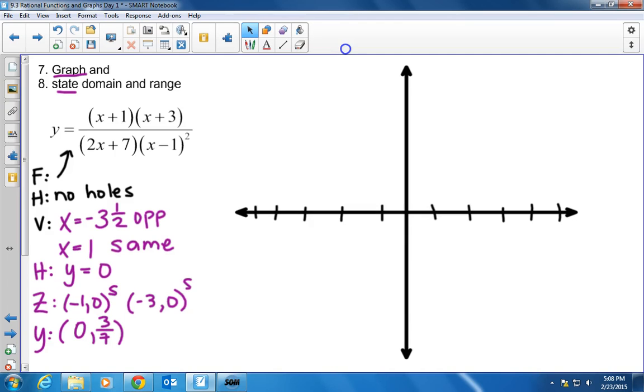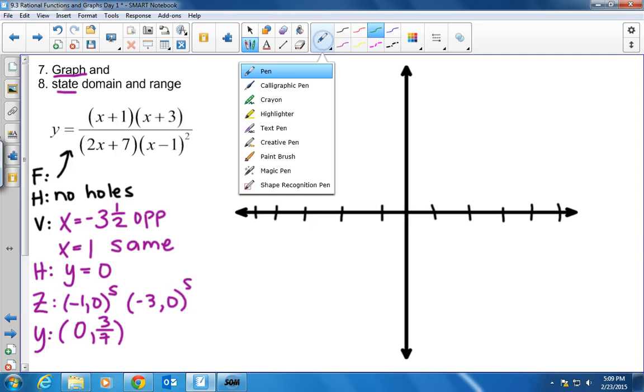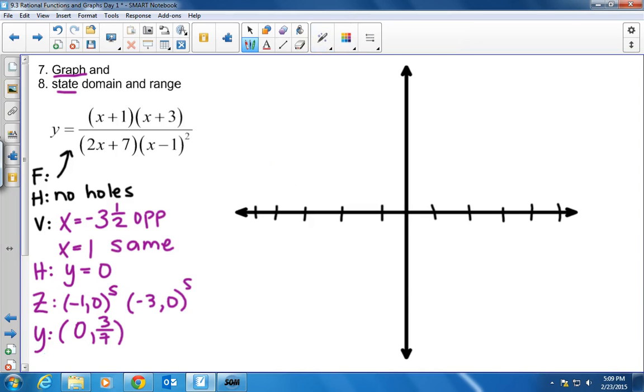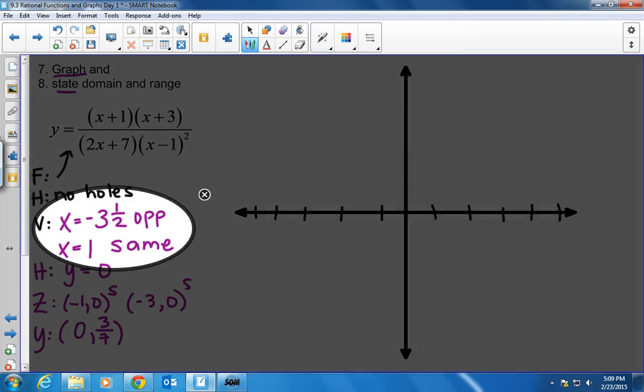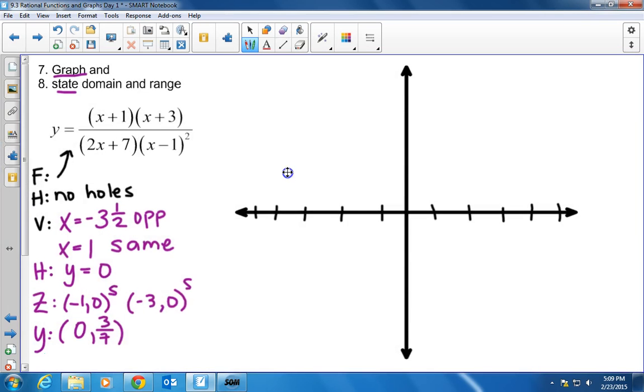Okay, so we're going to start with our vertical asymptotes, which are vertical lines that behave like a brick wall. They're not really part of our graph. They're just part of the puzzle that shapes our graph. It's going to be a dotted line that we use to determine the shape of the graph and also the end behavior.